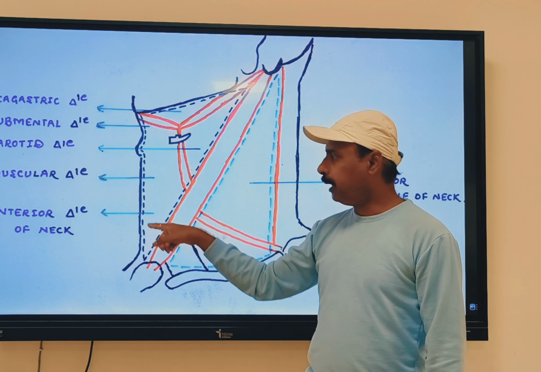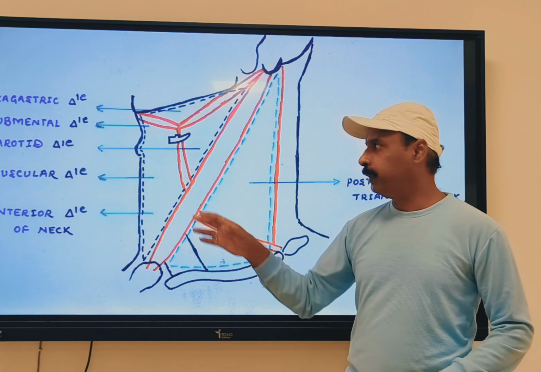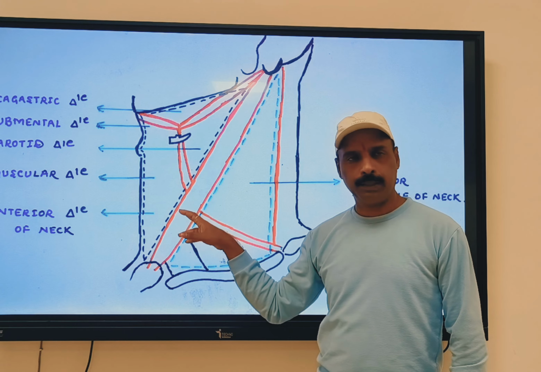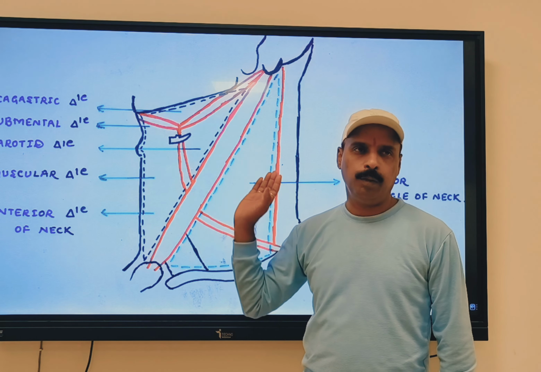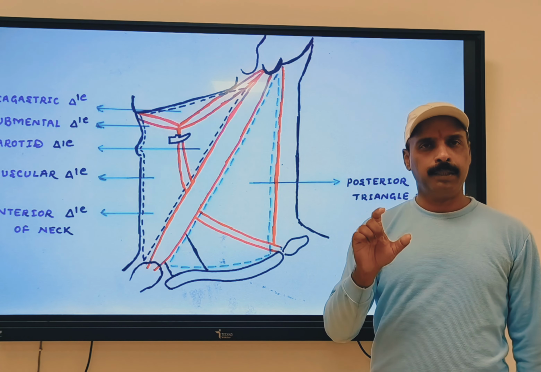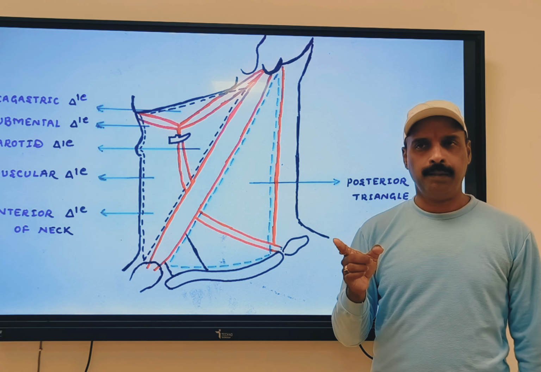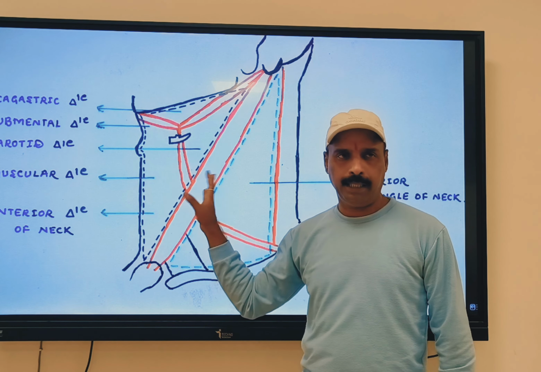So what is the anterior triangle of the neck? You have to tell that it is one of the important triangles of the neck, a muscular space situated in front of the sternocleidomastoid muscle. The definition: it is a triangular muscular space situated in front of the sternocleidomastoid muscle, called the anterior triangle of the neck.